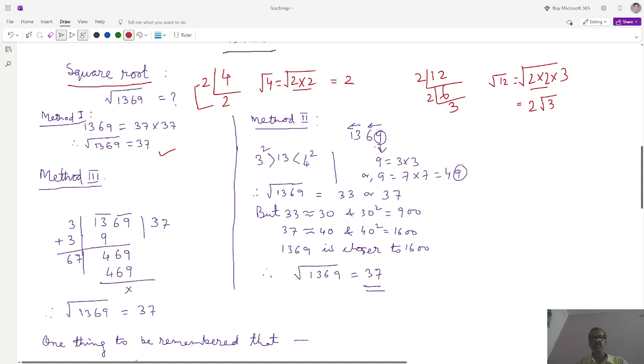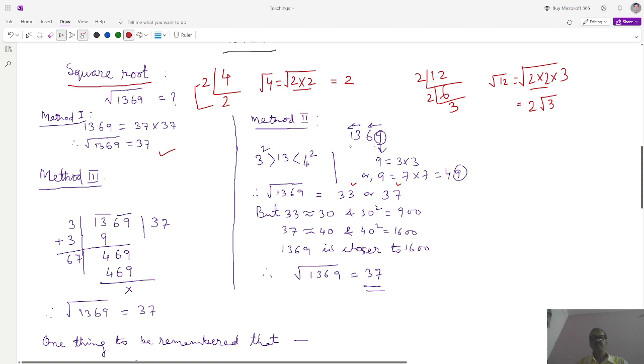There are 2 pairs of digits, and we have to look at the unit digit of the first pair. Here this is 9. 9 equals 3 into 3, and again 9 comes from 7 into 7, 49. Therefore, 2 situations arise: the 3 square value takes the unit digit 9, and the 7 square value also takes the unit digit 9. So the unit digit will be either 3 or 7, right?